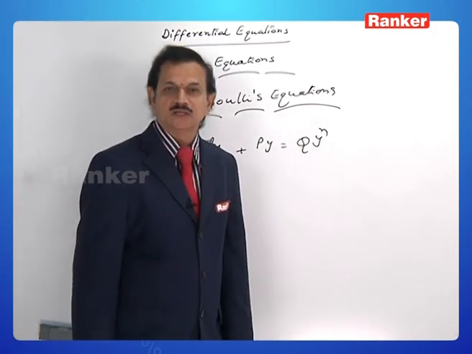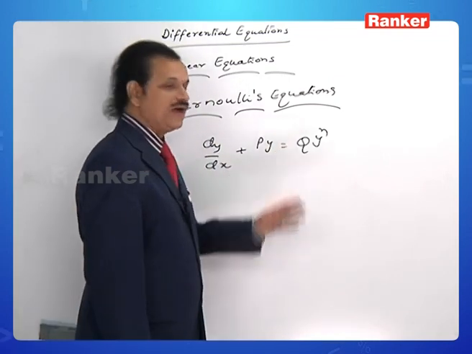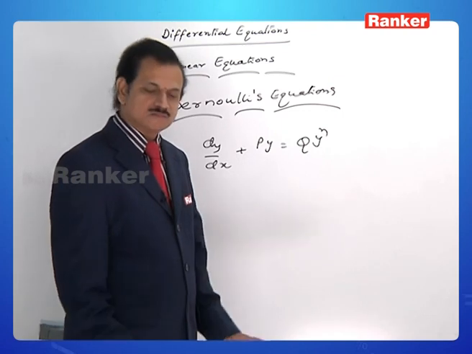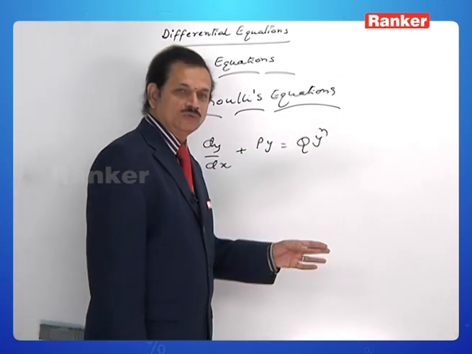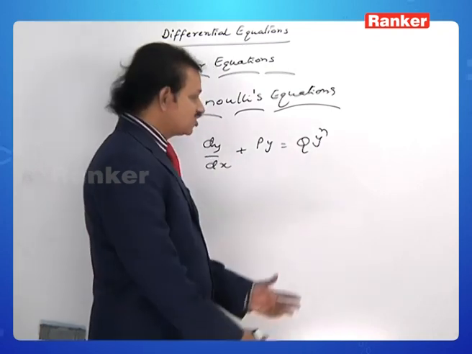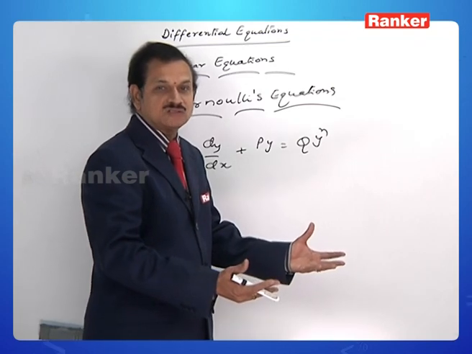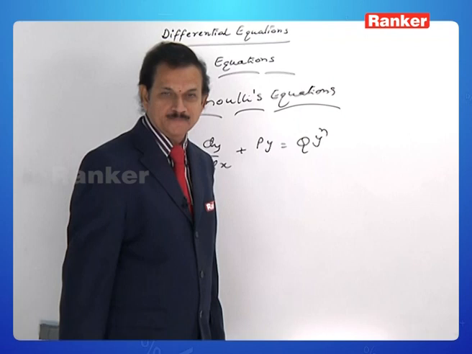Actually speaking, in the case of linear equations, this P and Q must be functions of x only. Besides Q, there is a term containing y power n which prevents us from saying that this is linear in y.